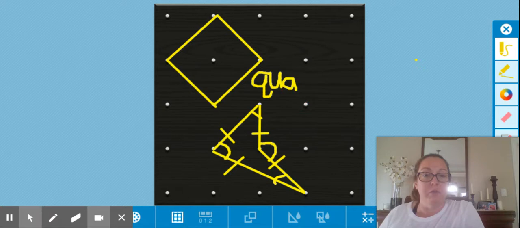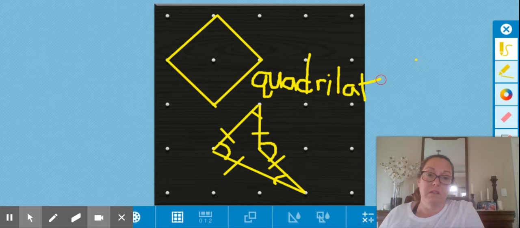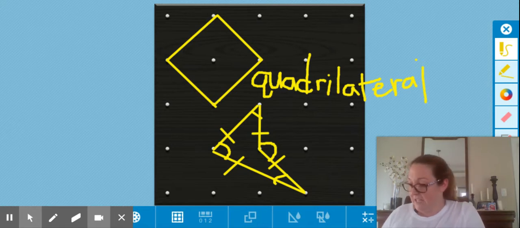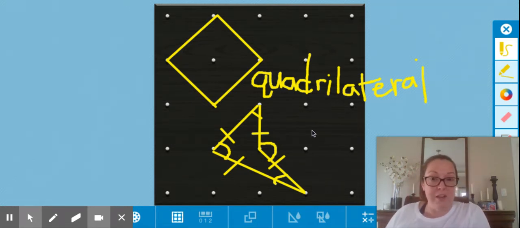Quad means 4. Quad, this is a long one to spell. Lateral. I hope it'll let me write on the blue. Yes. This is called a quadrilateral. Quadrilateral has 4 sides, 4 angles. So even though these look different, they're both quadrilaterals.